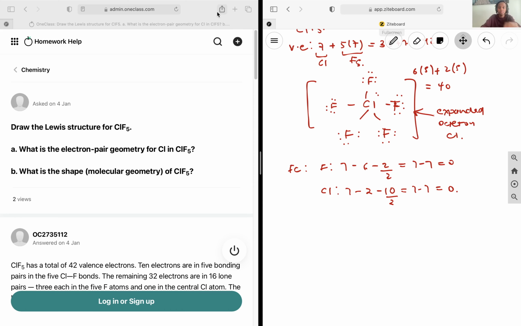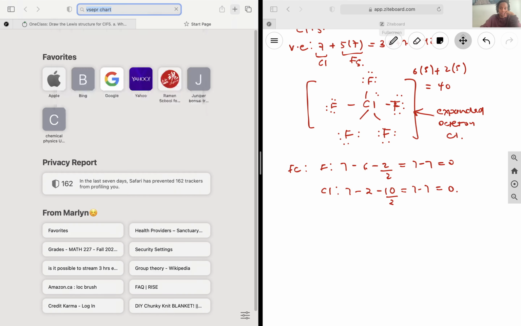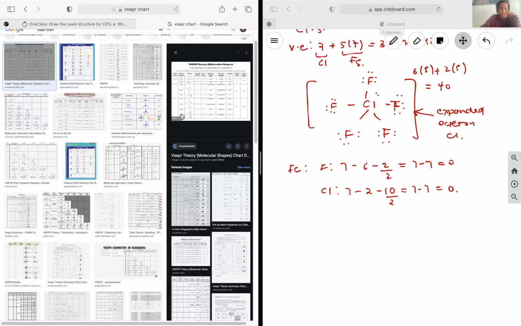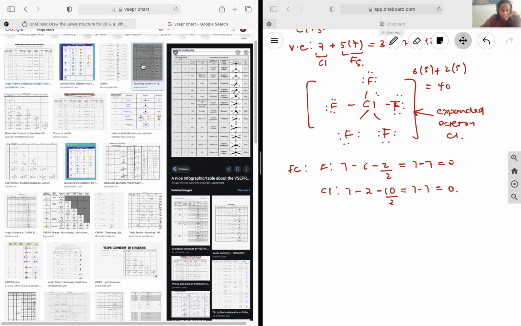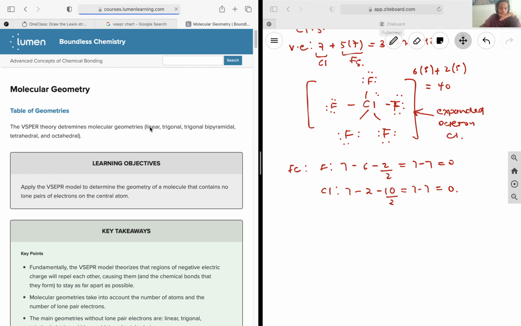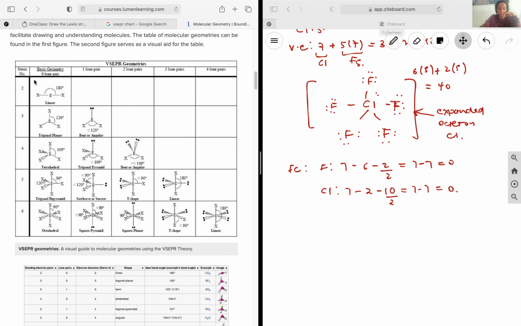And so if we pull up the VSEPR chart, we see that we have 6 pairs around it, so we're going to come to this row, but we have 1 lone pair.